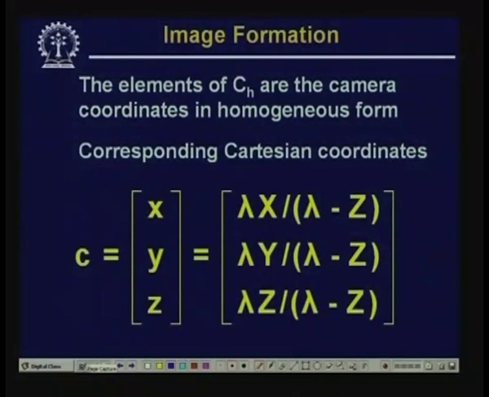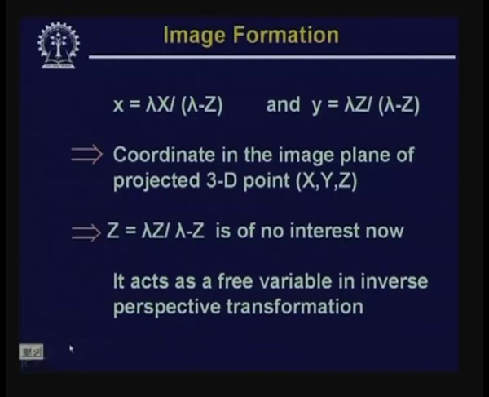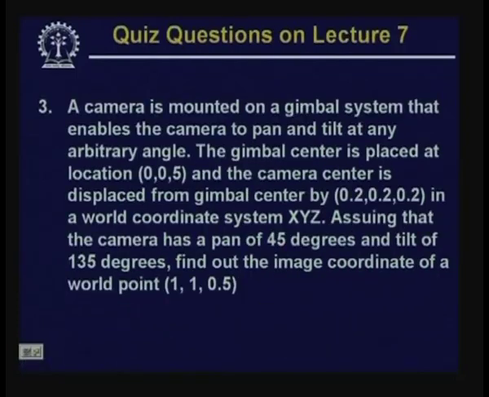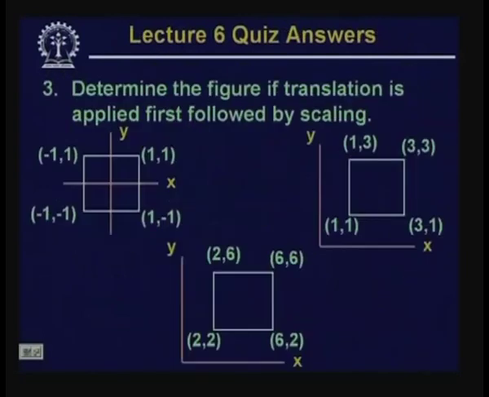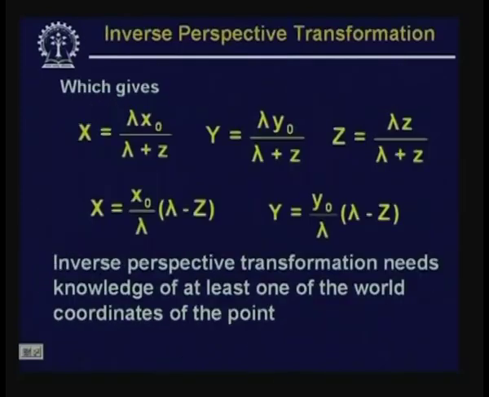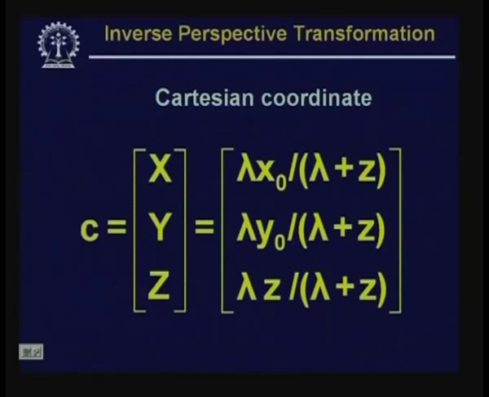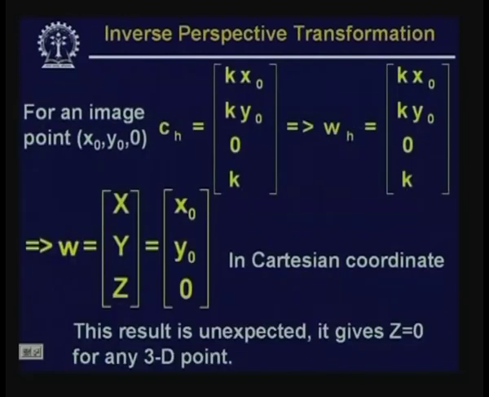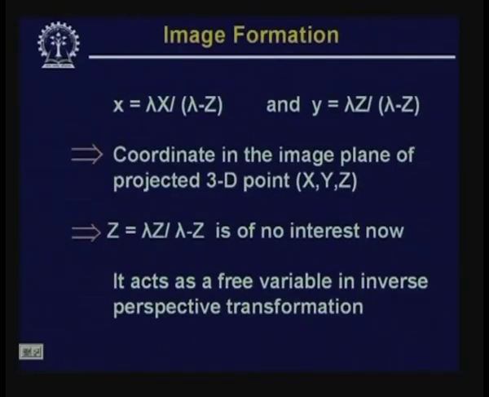So, this can be obtained by simple conversion, that if we find out the value of lowercase z with respect to lambda and capital Z, then after solving the same equations, we find that the image coordinate x and y in terms of the 3D coordinate capital X and capital Z is given by x equal to lambda X divided by lambda minus capital Z, and image coordinate y equal to lambda times capital Y divided by lambda minus capital Z.